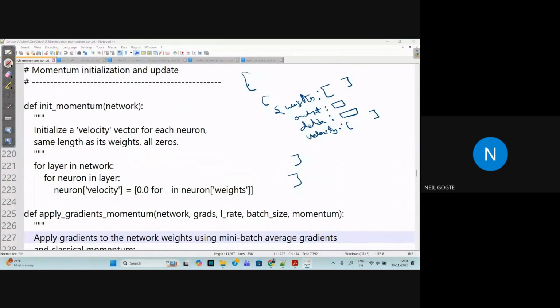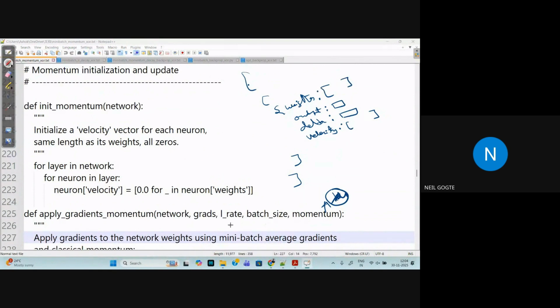Now in place of apply gradients, it has changed to apply gradients momentum. This is the momentum, which I think is the beta, or sorry, mu, whatever weightage we want to give.